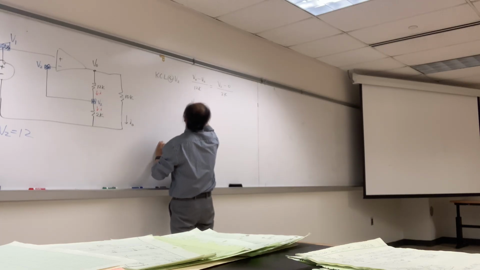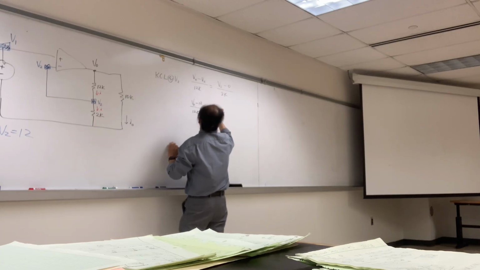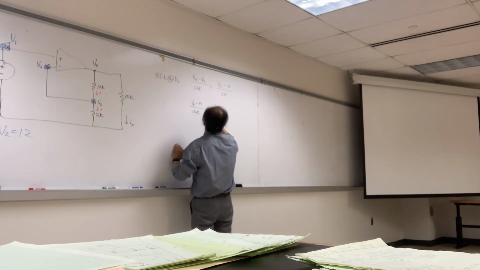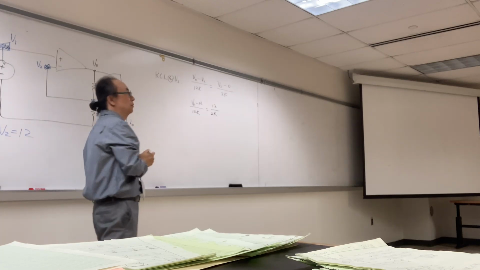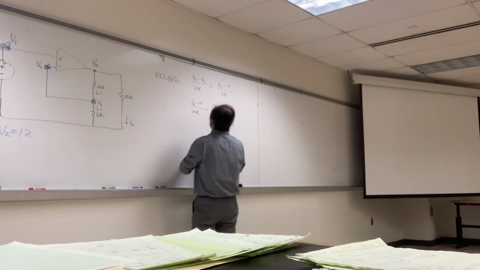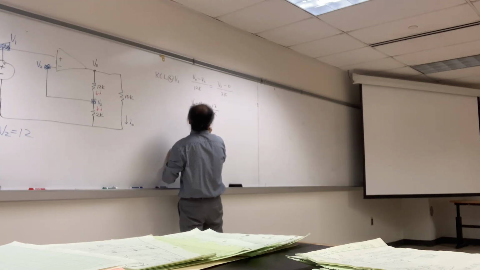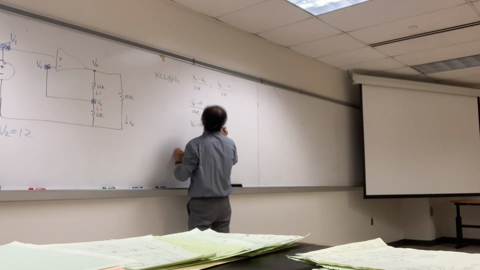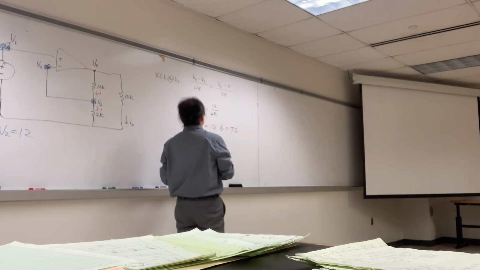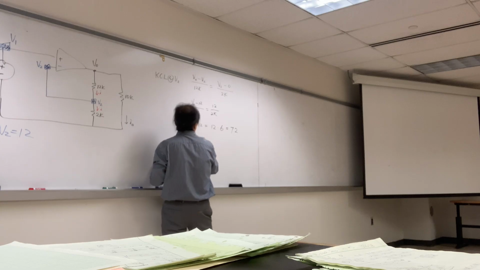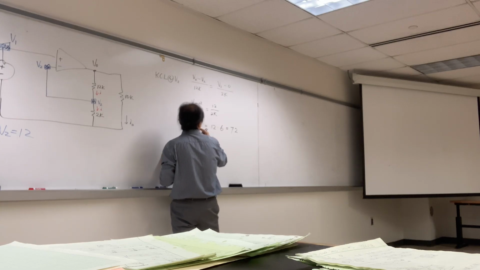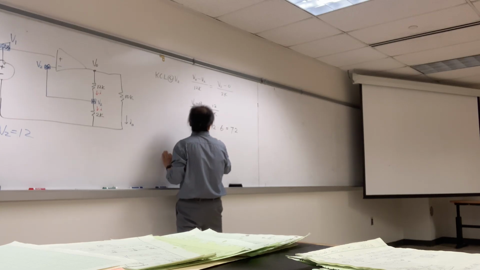So that is V0 minus 12 over 12K equals 12 over 2K. We're going to multiply 12K on both sides. Then V0 minus 12 equals 12 times 6, 72. Then V out equals 72 plus 12, which is 84 volts.